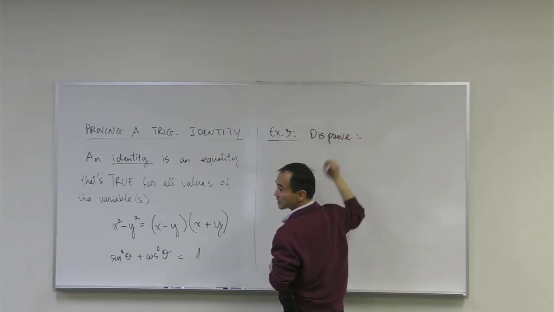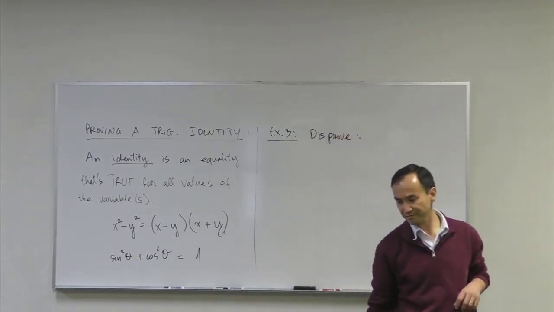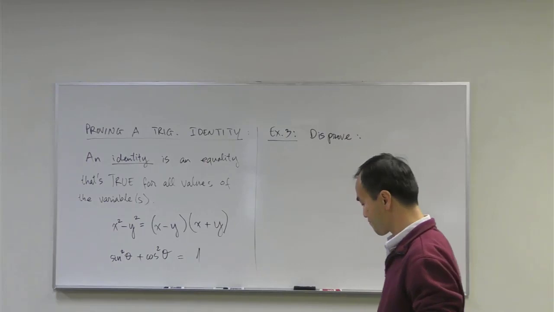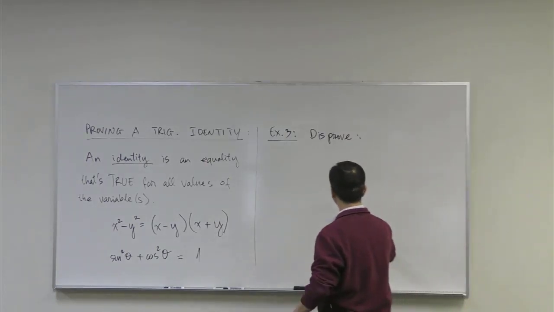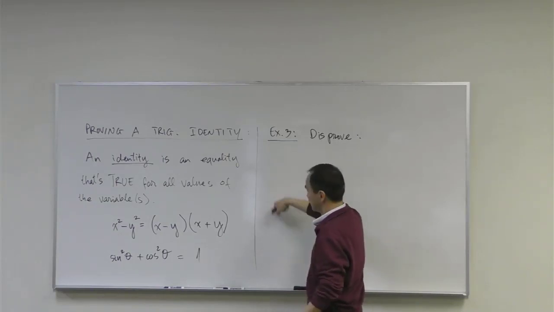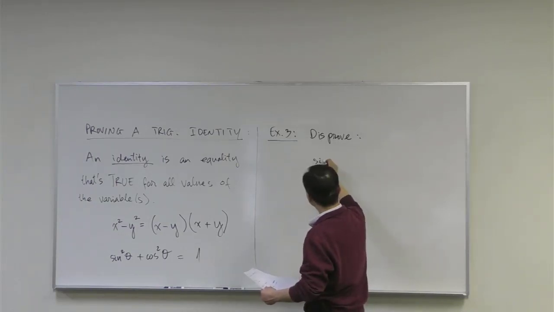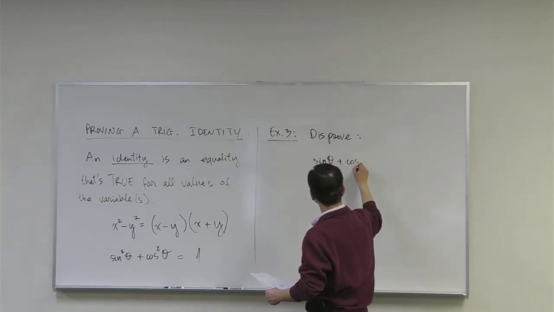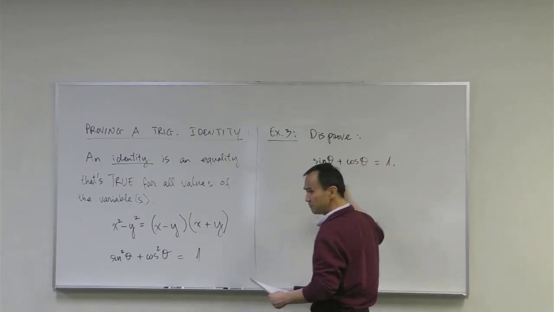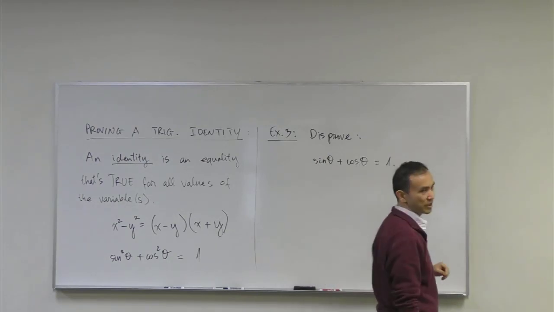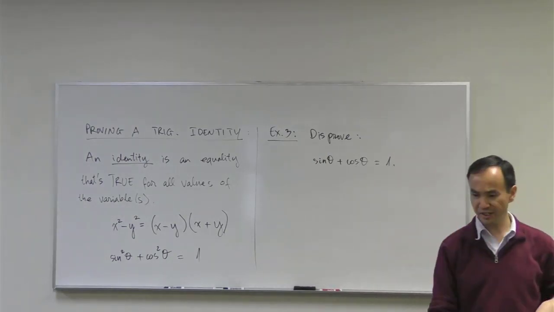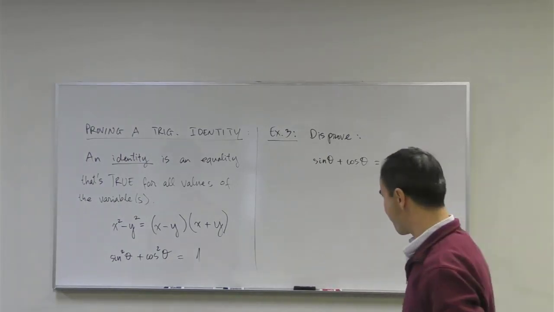It's also another technique right here. How about sine of theta plus cosine of theta equals 1? And when it comes to disproving, there's only one technique right here, and I'll show you guys.